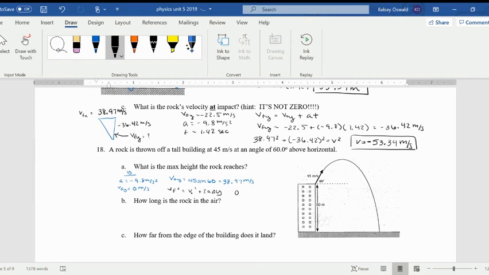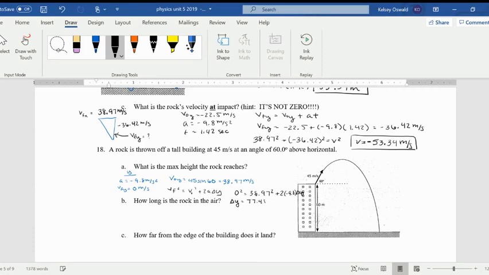Because we know our final velocity is 0, our initial velocity is 38.97, and our acceleration is negative 9.8.